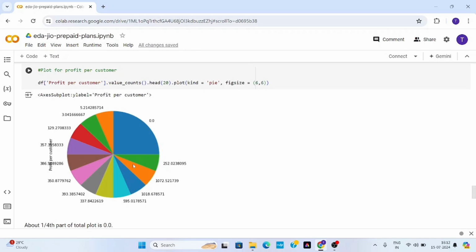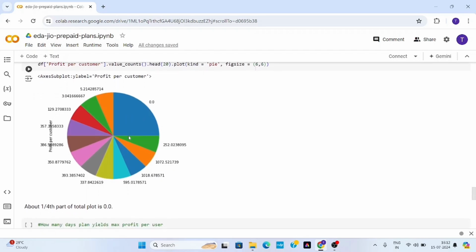This is the profit per customer plot. These are the profit values, around 5.2, 3.0, 129, for the company Jio.